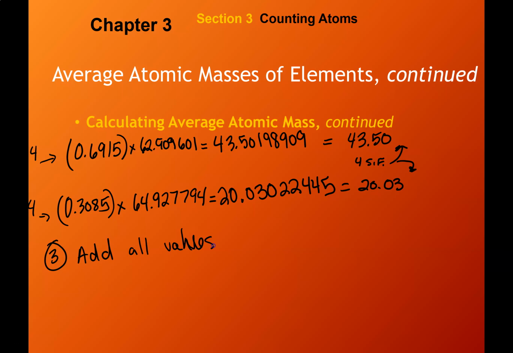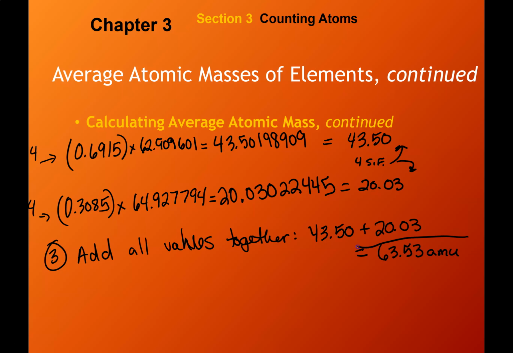My final step in calculating the total average atomic mass is to add all values together. So we're going to get the 43.50 plus 20.03. Here, you just want to be careful about your sig figs. Remember that the final answer has the least number of decimal places. They both have 2 decimals, so our final answer should have 2. When you add those 2 together, you should get 63.53 AMU.